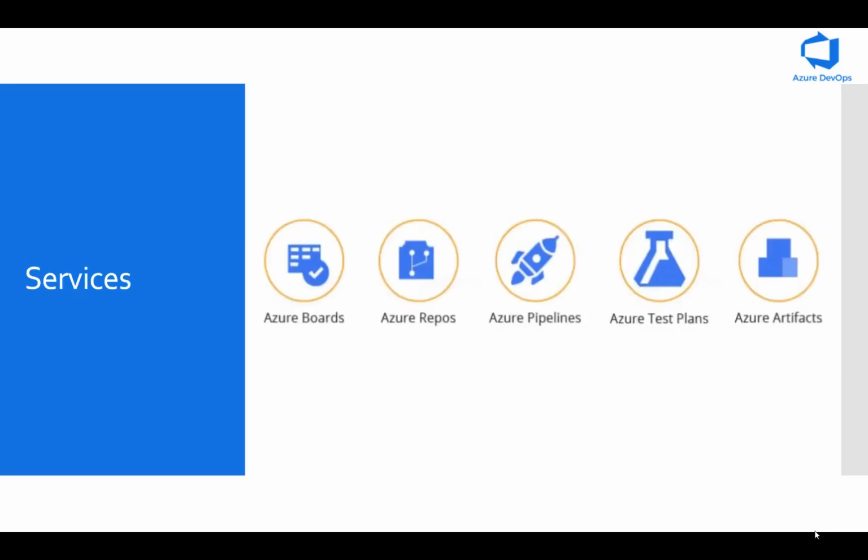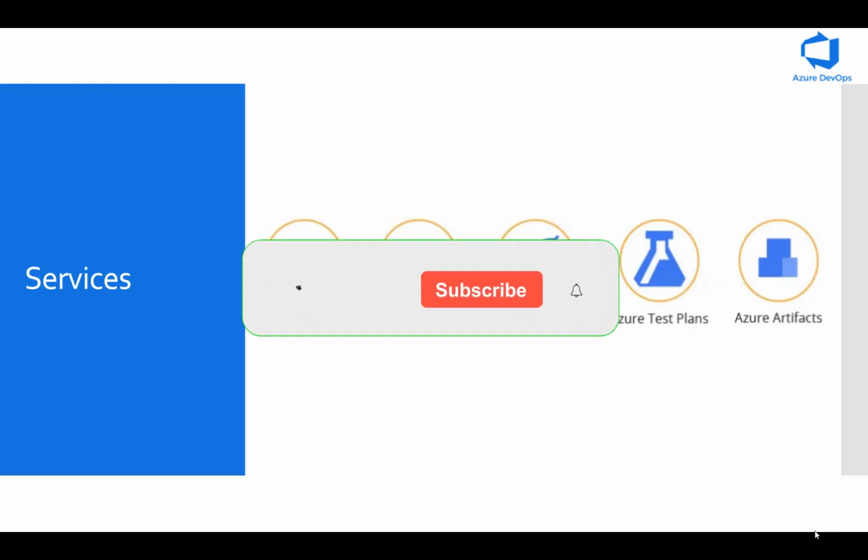Now, here are some of the main services provided by Azure DevOps, and that's the one that we will be concentrating on. Let's take a look at each one quickly. We have Azure Boards, and they make it easy to track tasks, bugs, and features. There are various types of items that are part of Azure Boards, such as epics, issues, and tasks, and we'll take a look at each one in more detail later on.